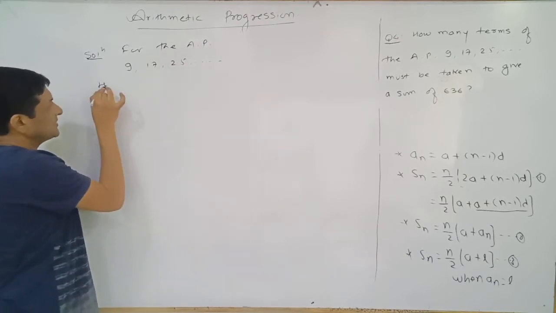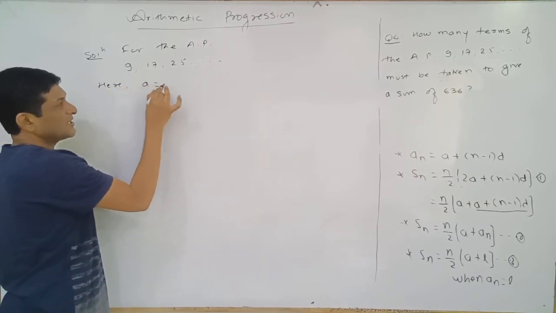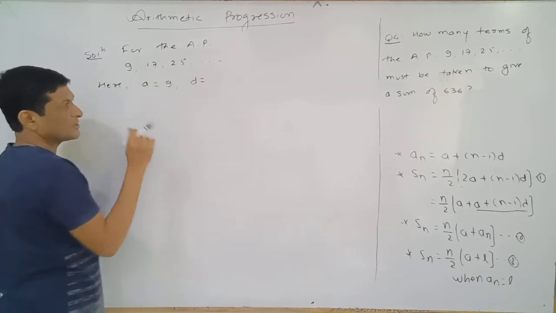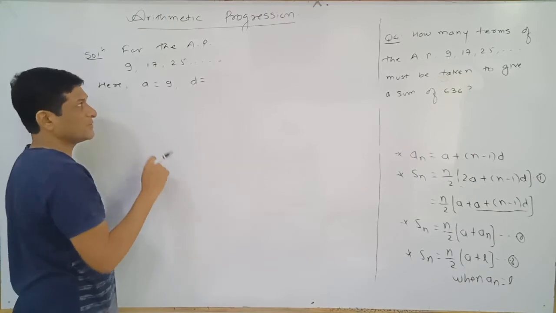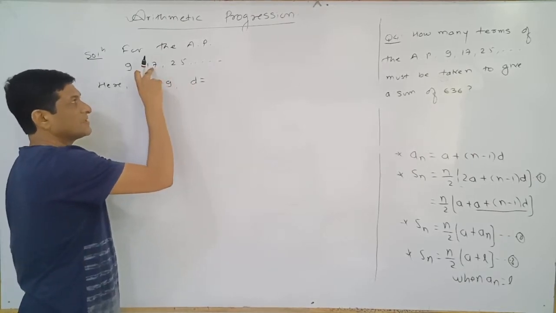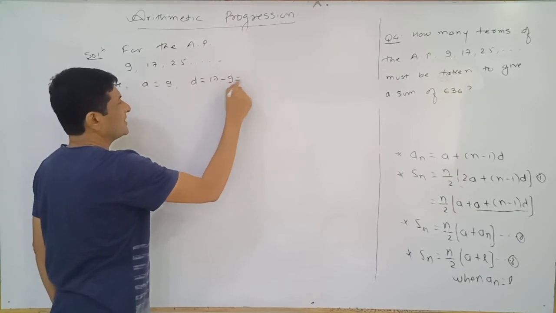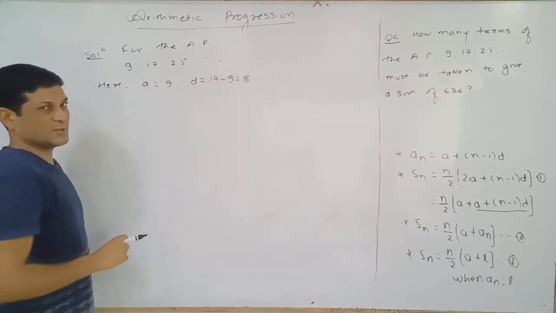If you observe here, first term of the arithmetic progression is 9, and using this arithmetic progression we are trying to find out value of d also. So to find out d, take the difference of any term to its previous term. So 17 minus 9 will be equal to 8. So the difference is also known to us.